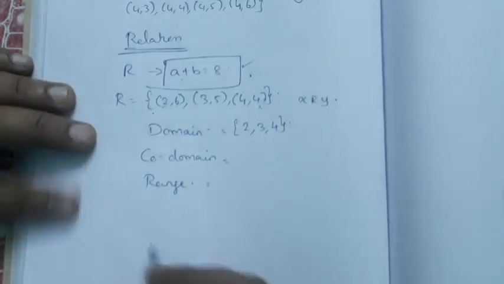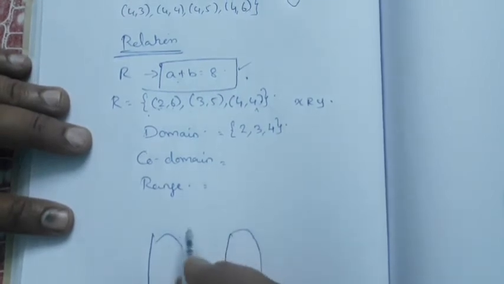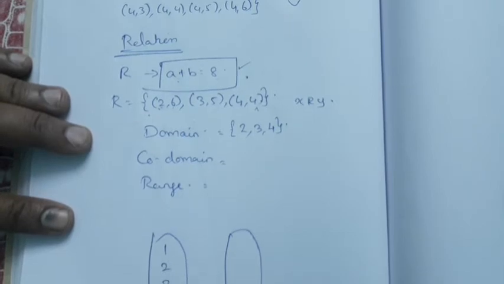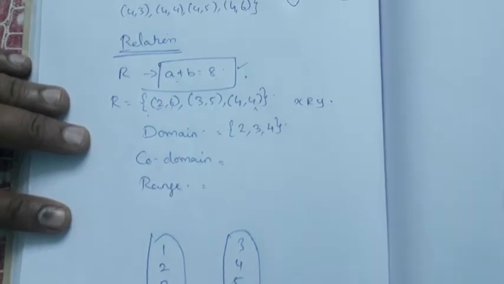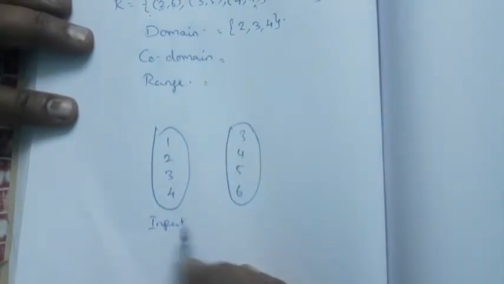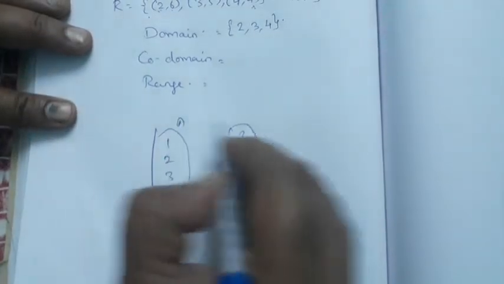Or in other words, we can easily say it like this using the arrow diagram, 1 2 3 4 and 3 4 5 6. As I told you earlier, these are considered as input and this is considered as output. This is set A, this is set B, and this is the relation.